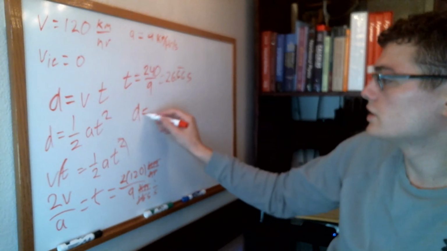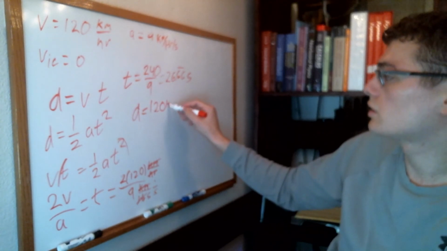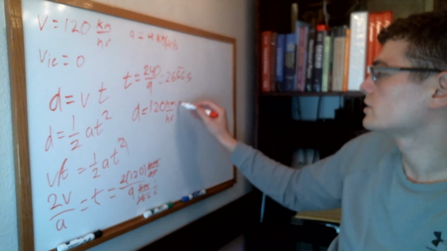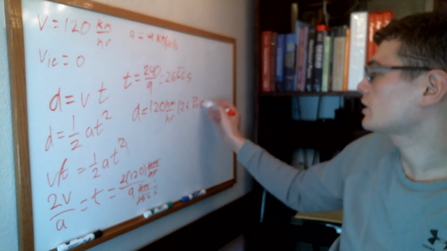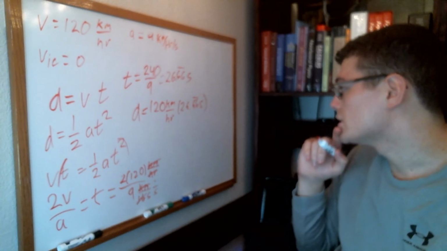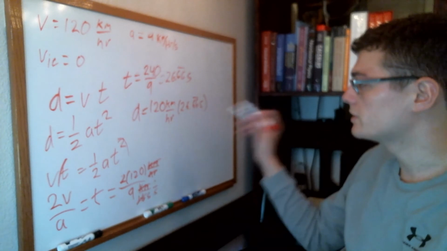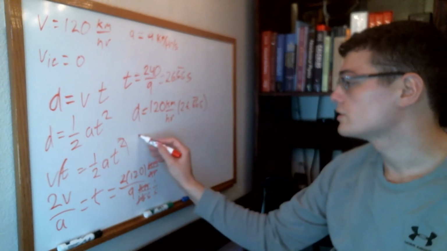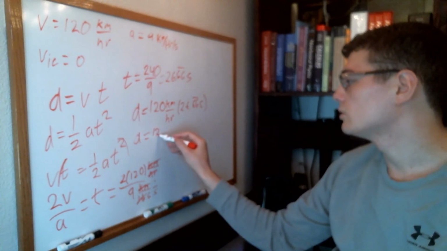So then d is equal to 120 kilometers per hour times 26.66 seconds. And so now we're going to have to convert hours to seconds. So what we're going to have to do is take hours on the top and divide this number by 3,600. So then d is going to be equal to 120.